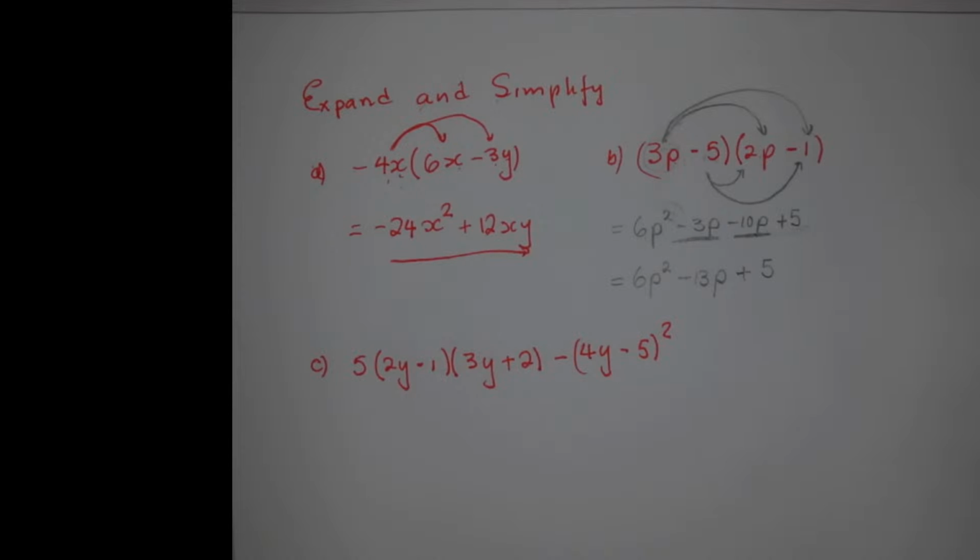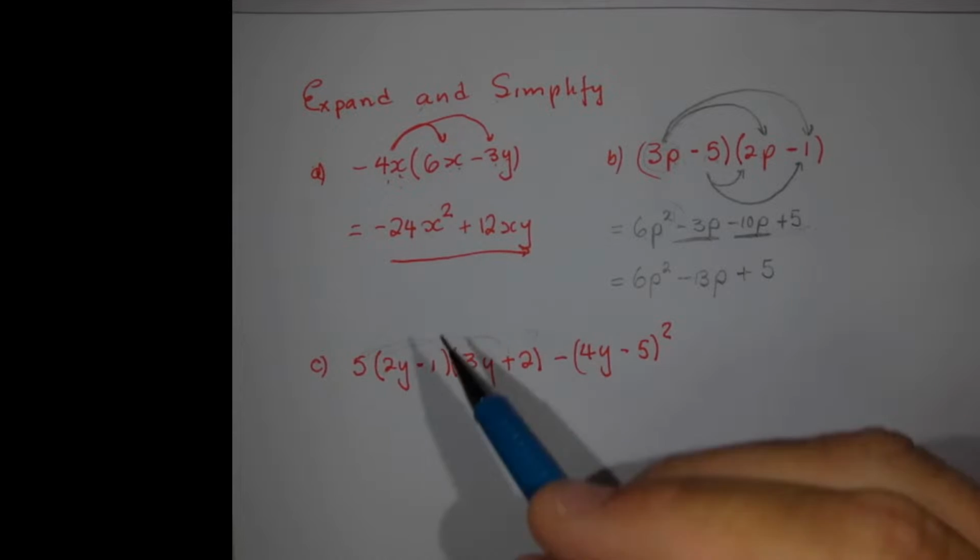Okay, so when I look at this, I'm going to start first by looking at multiplication, and again I've got a 5 times a bracket times another bracket. You need to realize that multiplication always happens term by term. One common mistake here is that many pupils tend to multiply the 5 by every single term using the distributive law.